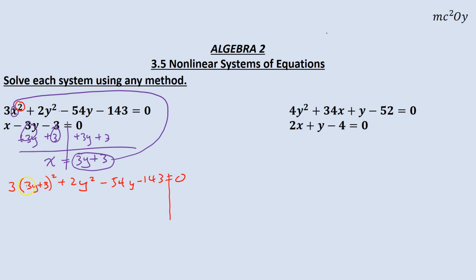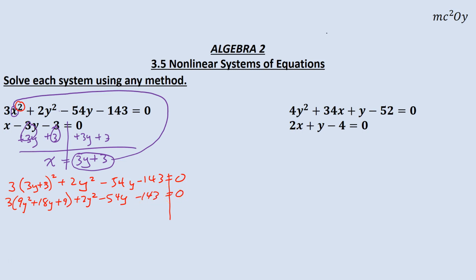I'll square this first. So this really is 3 times 3y plus 3 quantity squared, which is 9y squared plus 18y plus 9, plus 2y squared minus 54y minus 143 equals 0.